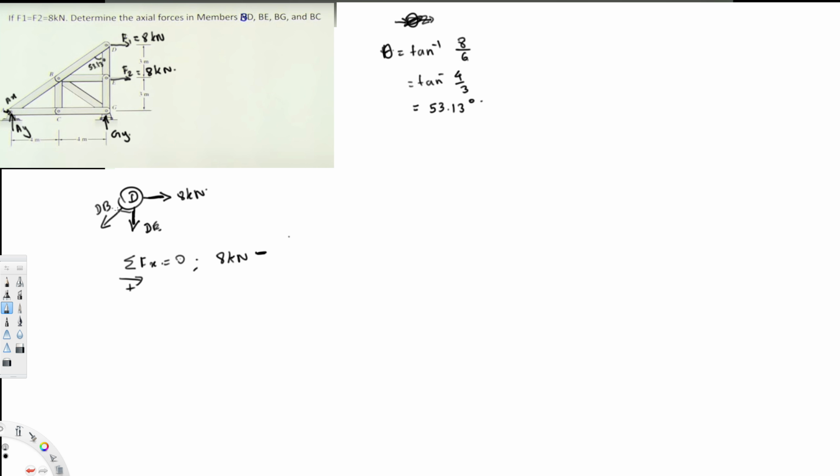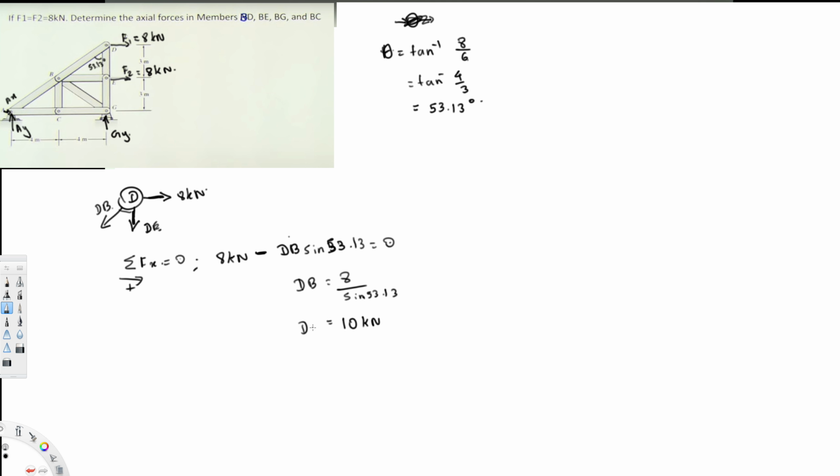Since I'm taking the horizontal axis, it's going to be sine theta. So DB sine 53.13 degrees minus 8 equals 0. Therefore DB is equal to 8 over sine 53.13, and if you calculate this value, it comes out to be 10 kilonewton.